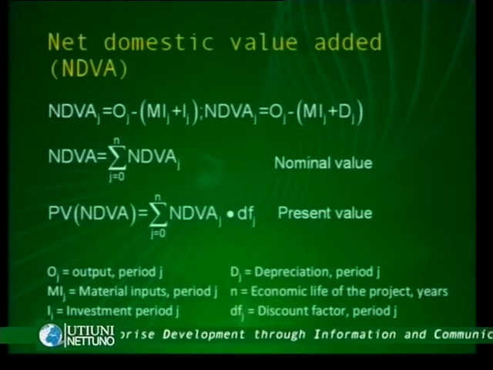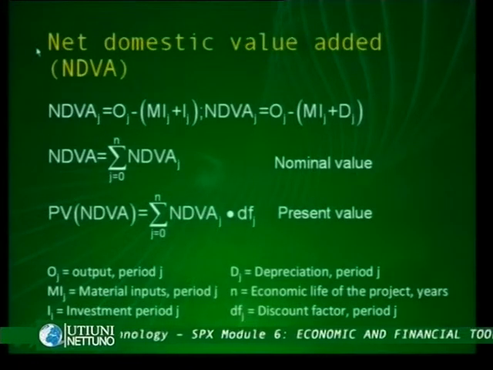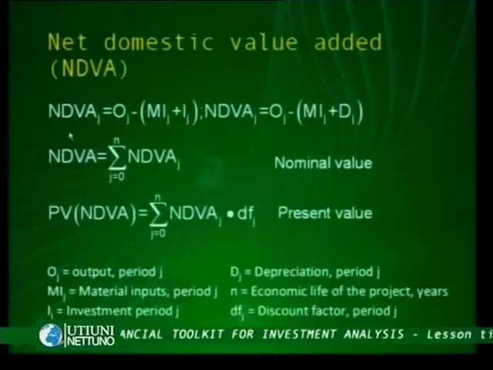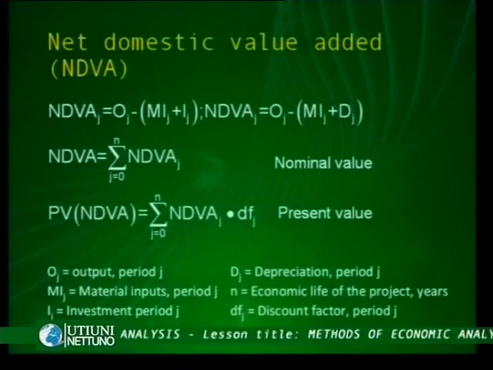As you can see here, first of all, you can determine for each period j the net domestic value added. So j refers to the period. We have several periods, in particular n periods in the life of the project. So the first line is about the calculation of the net domestic value added for each of the periods in the life of the project.